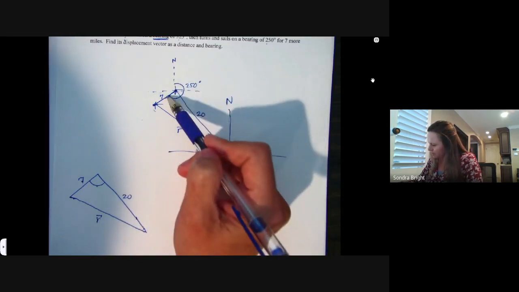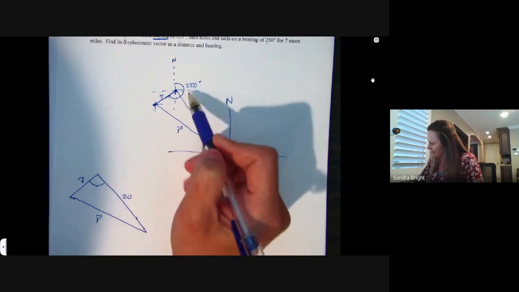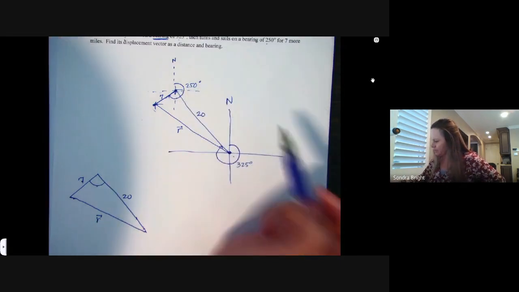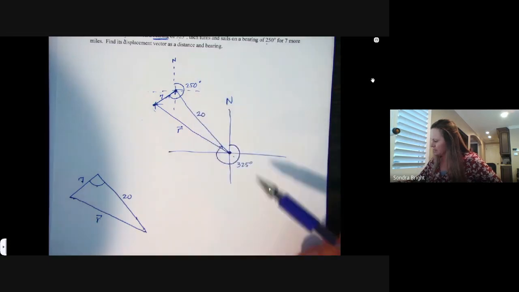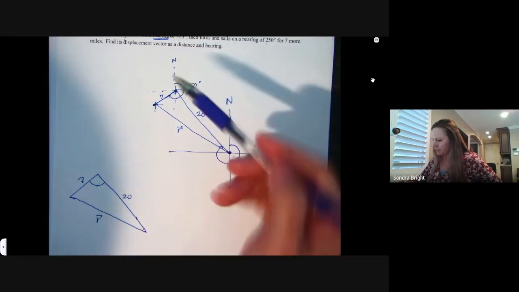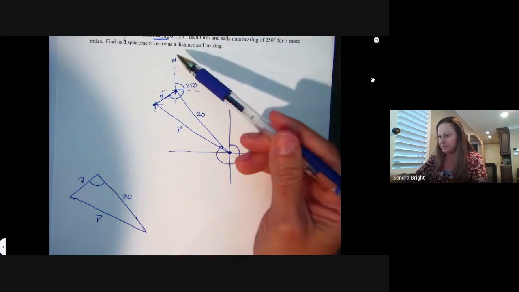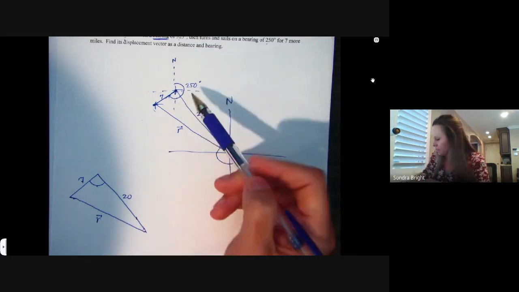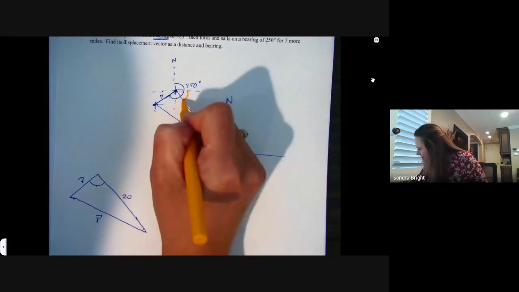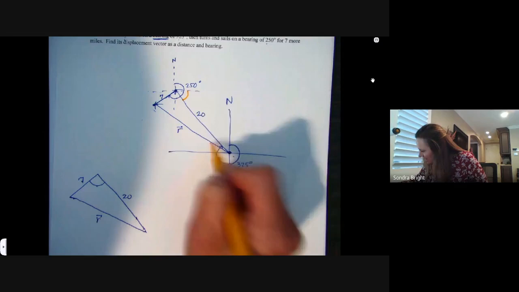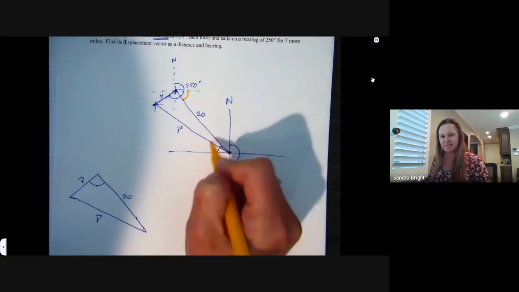And then if you subtract the fact that, well, no, we need to use something else too. I need to be able to figure out what this angle is, because I know what this angle is. If that makes sense.